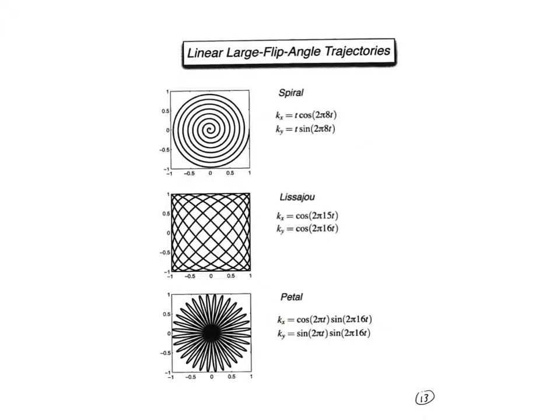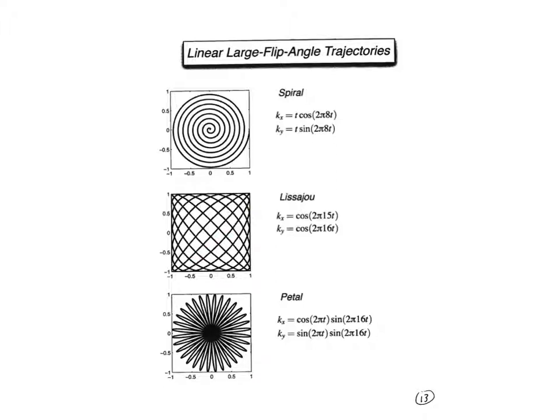Here are three trajectories that satisfy this requirement that they can be decomposed into a series of small rotations, self-refocused small rotations centered on the middle of k-space. The first and most practical one is the spiral trajectory, as we've seen before several times. Another one is the Lissajous trajectory.